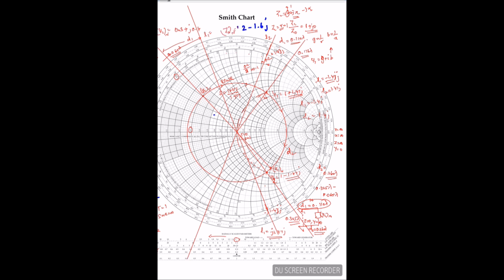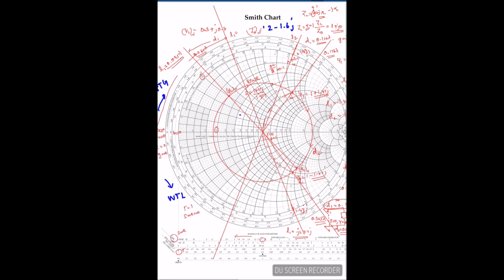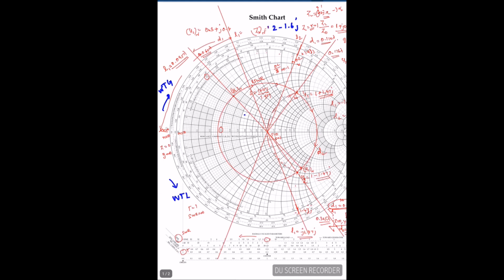So once I connected to the outer scale, from the y equal to infinity, because it's a short stub, so y equal to infinity or z equal to 0, from the beginning here, this is y equal to infinity, from the stub end point, because the stub is always shorted at this point. This is my stub, admittance always infinity, that is impedance is 0.